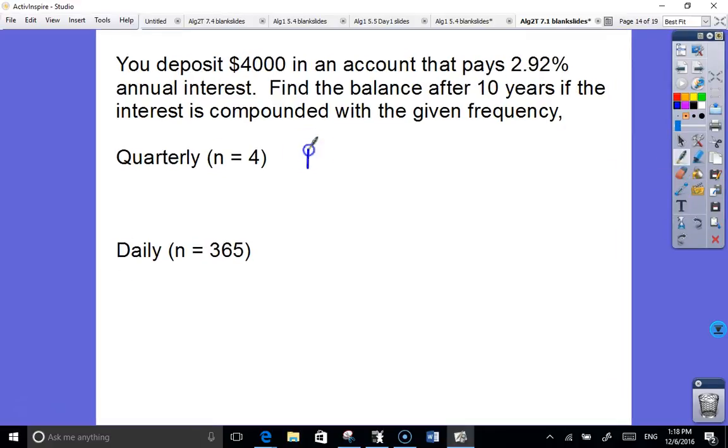Okay, the amount for the first one will be $4,000. That was the principal, the initial investment, times 1 plus, okay, what is the R? 2.92, but it has to be the decimal, .0292.